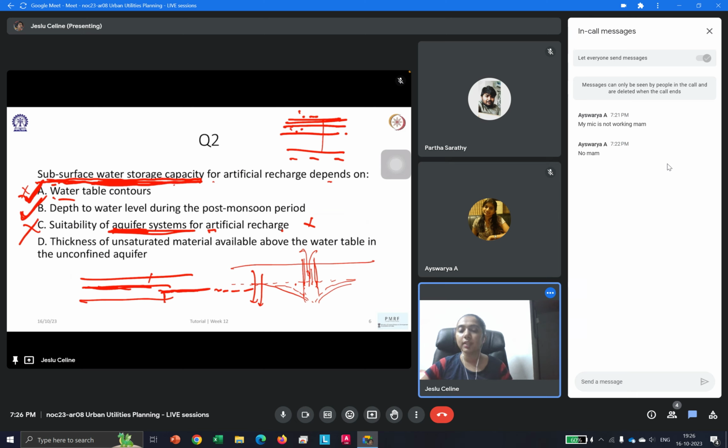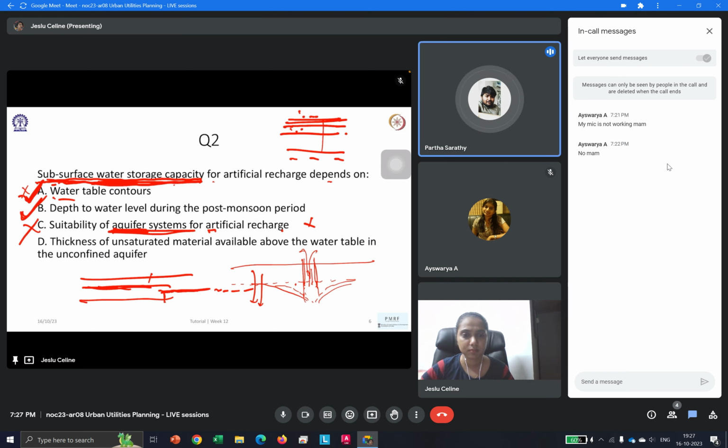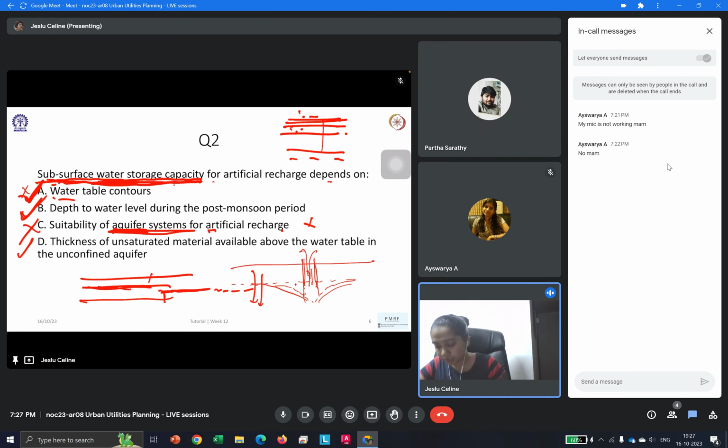And now the last one: thickness of unsaturated material above the water table in the unconfined aquifer. Yes, it affects recharge, because it's unsaturated material. The amount that has to be saturated for the water to start coming down depends on that thickness. If the thickness increases, will the time required for saturation increase or decrease?